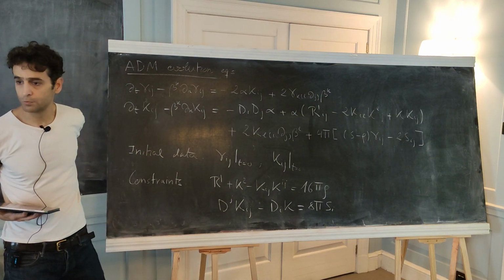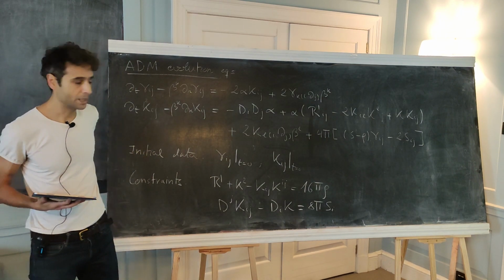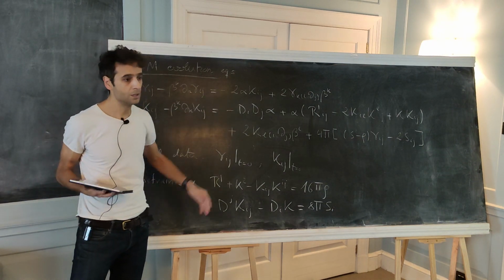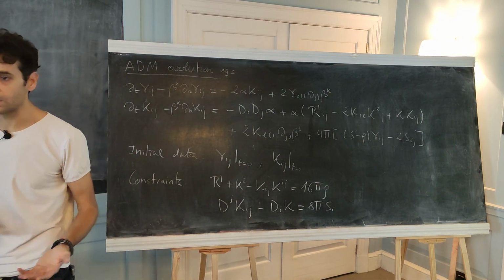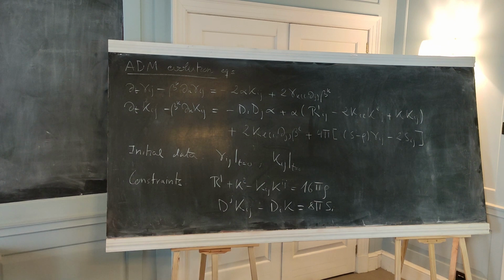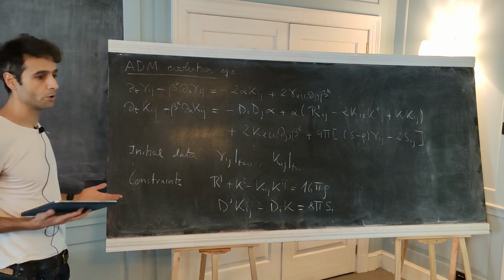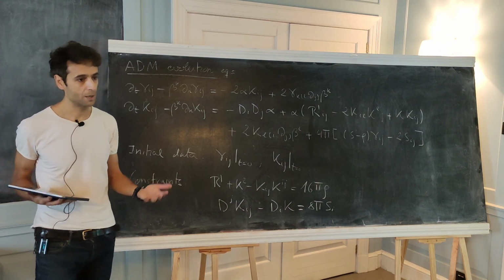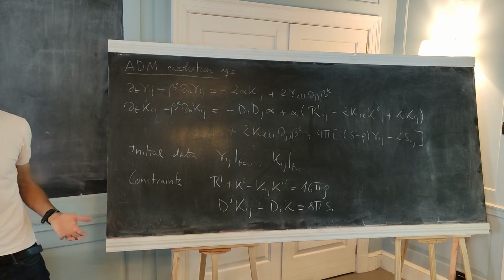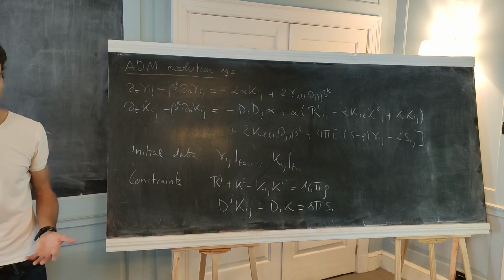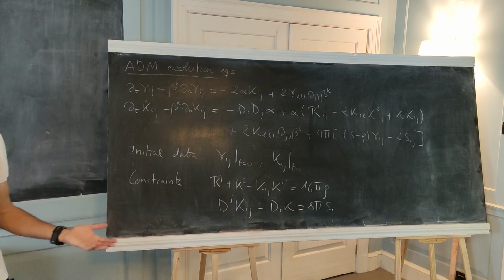This is non-trivial for two reasons, because lapse and the shift represent the freedom to choose coordinates. You know that not all coordinates are good coordinates. So for example, in the Schwarzschild spacetime, the Schwarzschild coordinates are not good coordinates because they become singular at the horizon.